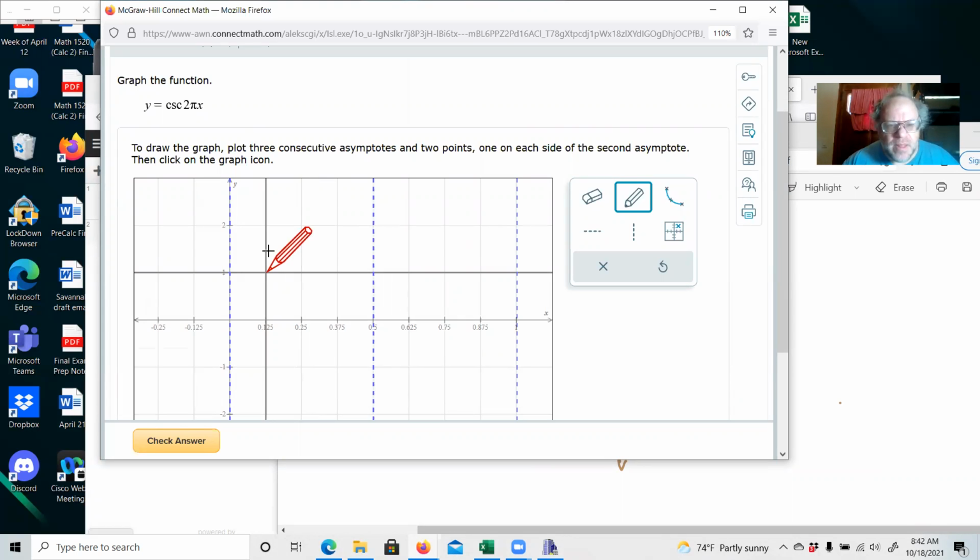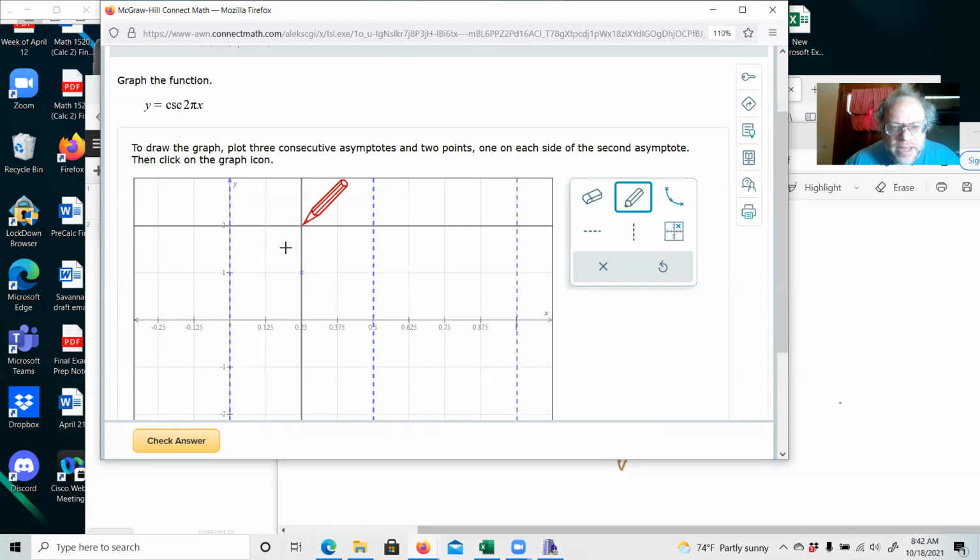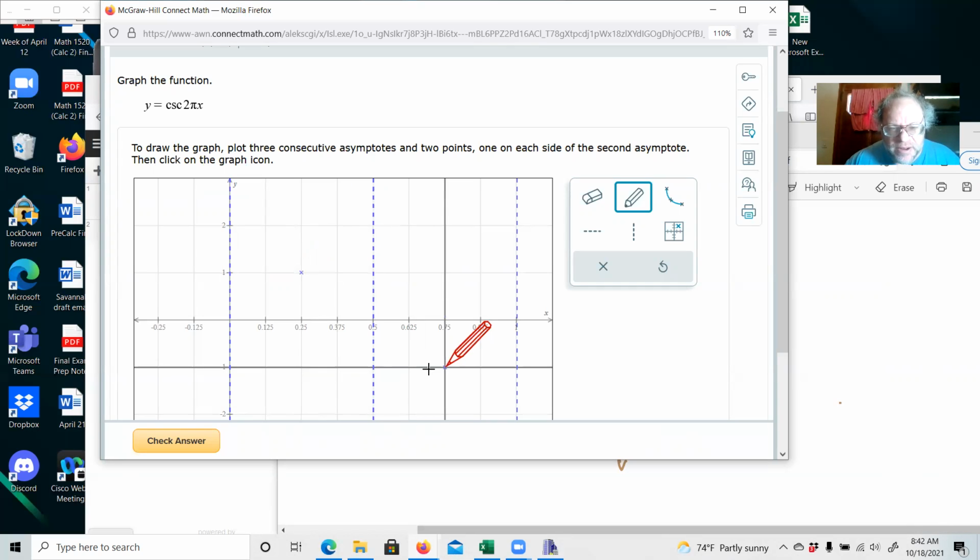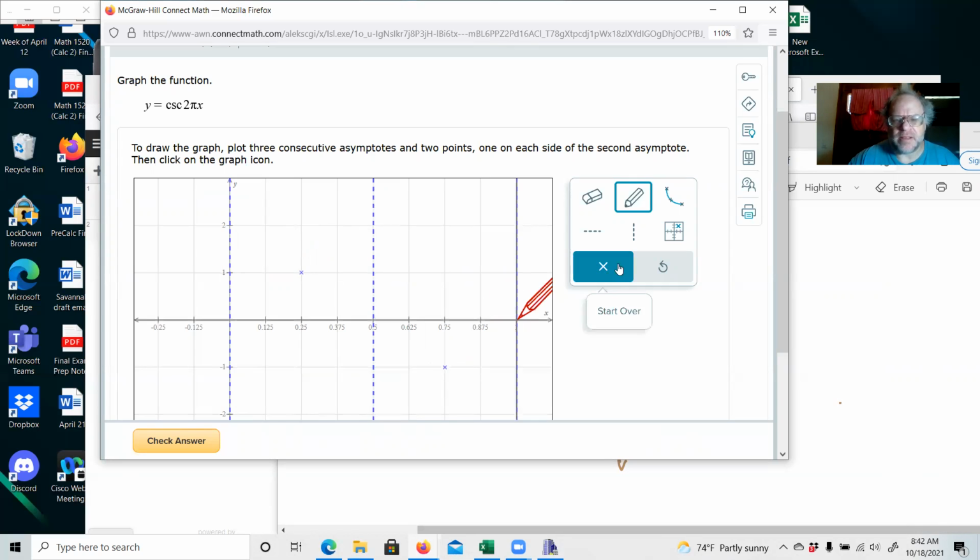Excuse me. All right, so at 1/4 we're here, at 0.75 we are down here. So let's see, we need 3 consecutive asymptotes and 2 points, 1 on each side of the second asymptote. All right, I think that does it for us.